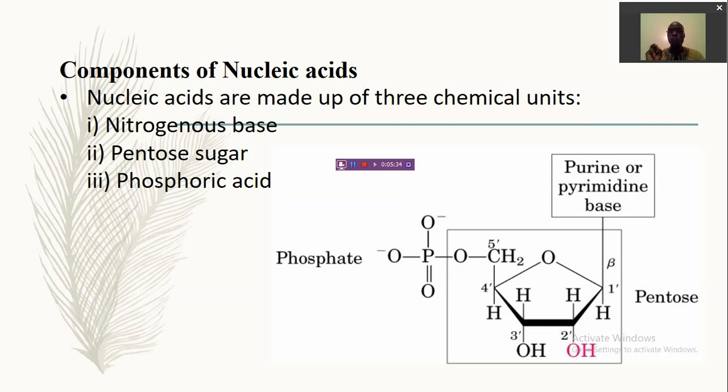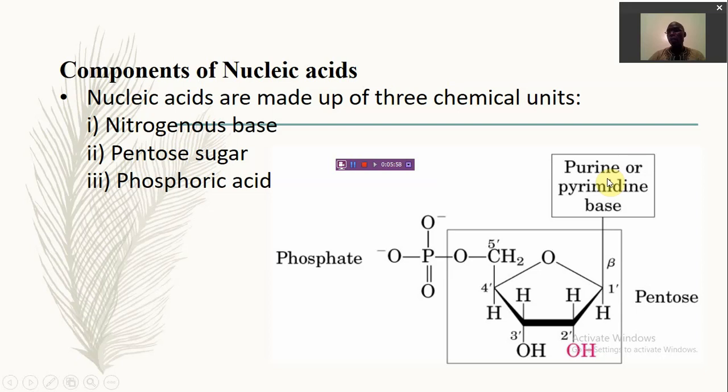That's a pentose sugar. Then we have got a phosphate ion or phosphoric acid molecule. So these are the basic three components, and you can see the molecular structures. These are phosphate ion. This one is pentose sugar or a 5-carbon sugar if you like.